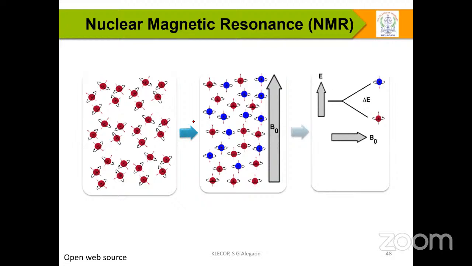Whenever you apply radio frequency equivalent to the energy difference between the two states, the molecules absorb it, and the alpha states flip to the beta state. This is what we call resonance.